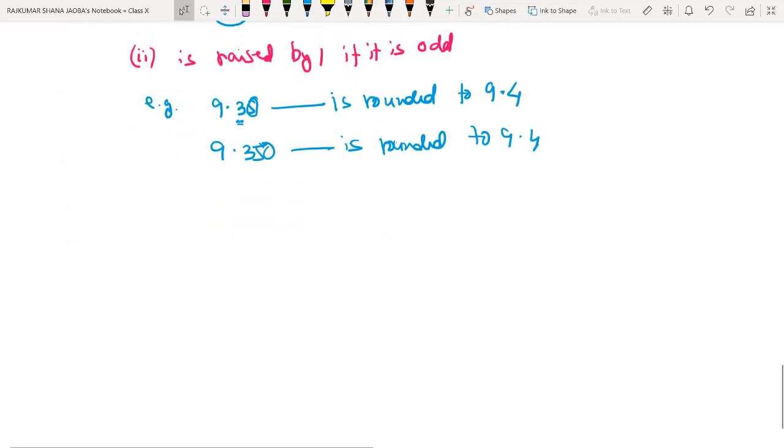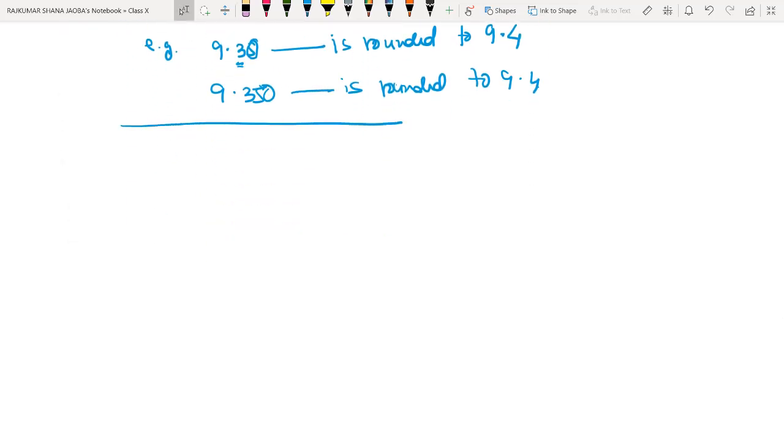Now let us come to error. Error, I say, what do you mean by error? Every measurement will have some errors. Whether physics or chemistry or any science, we always deal with measurement.